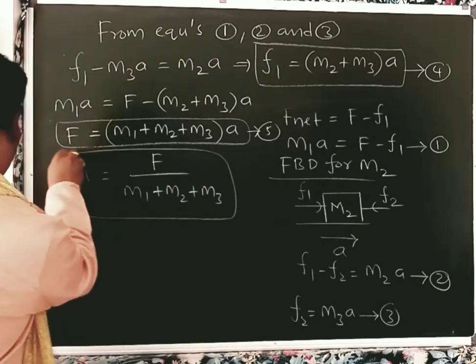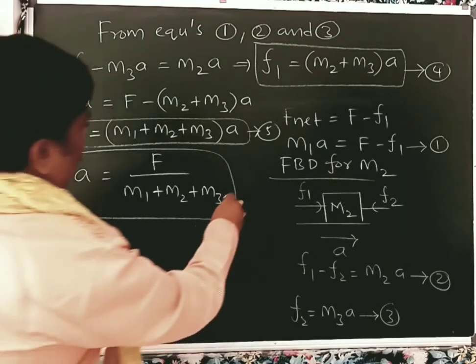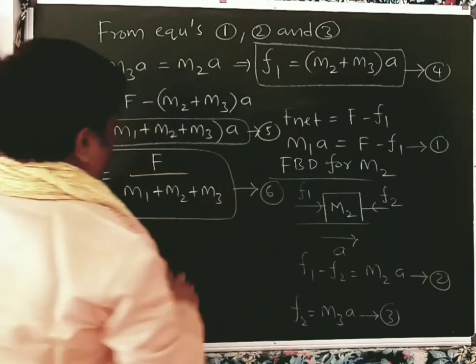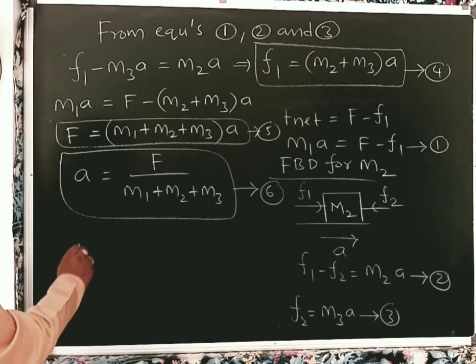This is the acceleration of the entire system of masses M1, M2 and M3 in contact with each other. This is equation 6. Substitute equation 6 in contact force F1, and we will get the expression for F1.